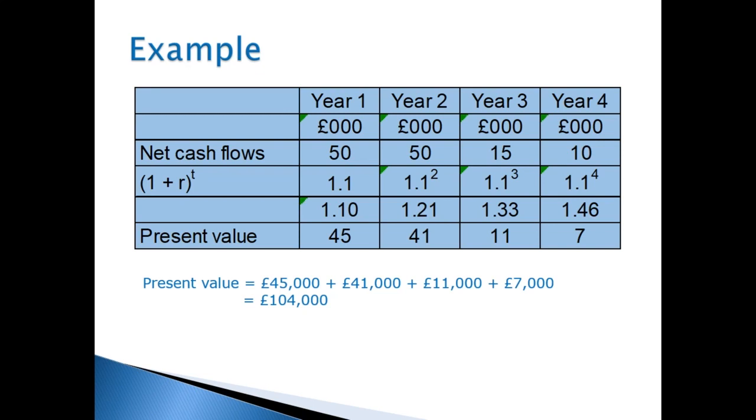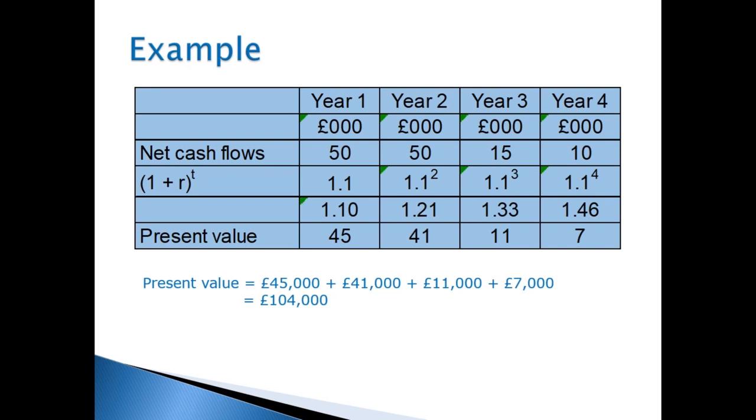I divide the cash flow by that number, so the 50 becomes 45, then the 50 in year 2 becomes 41, the 15 becomes 11, and the 10 becomes 7. And we add them all up and we get a present value for the whole project of £104,000.